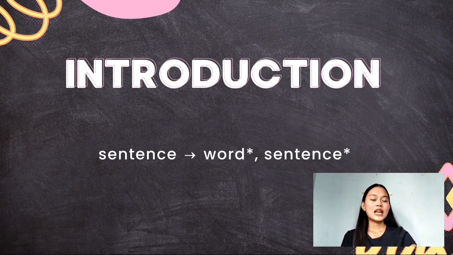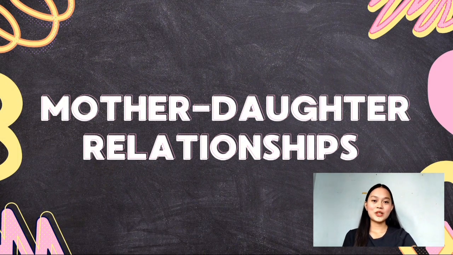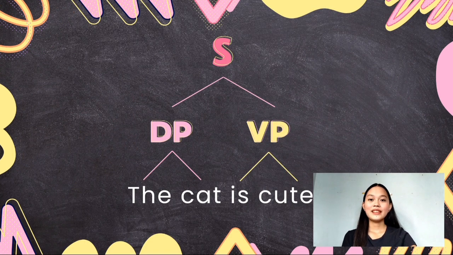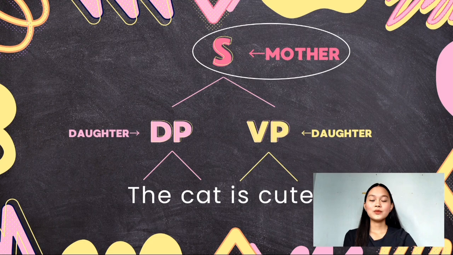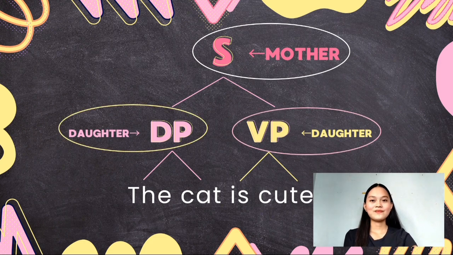These kinds of rules help describe what we call the mother-daughter relationships. We're just going to have a quick recall. In a sentence structure, just like this, the cat is cute, we have a larger unit, which is the mother. Now, this larger unit has smaller units, or the daughters.